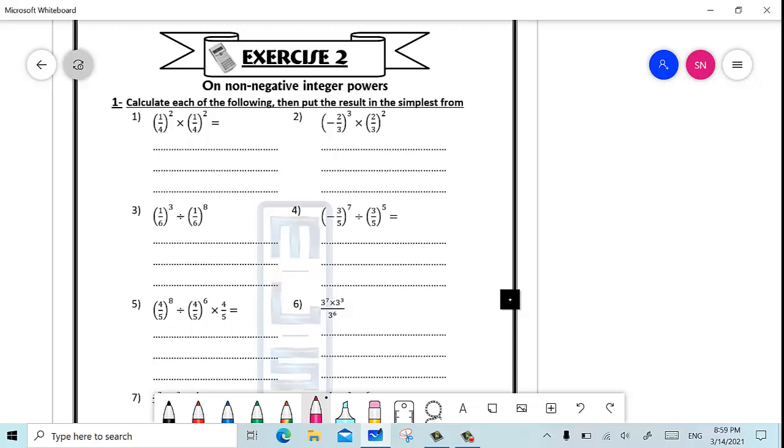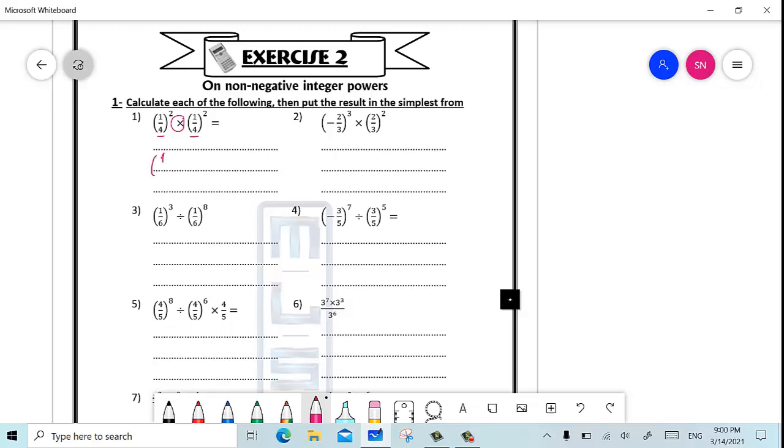Number 1, I have 1 over 4 to the power of 2 times 1 over 4 to the power of 2. Since I have multiplication, I go and look for the base. My base here is the same, 1 over 4 and 1 over 4. And I have multiplication. So when I am multiplying like bases or same bases, I go and add powers.